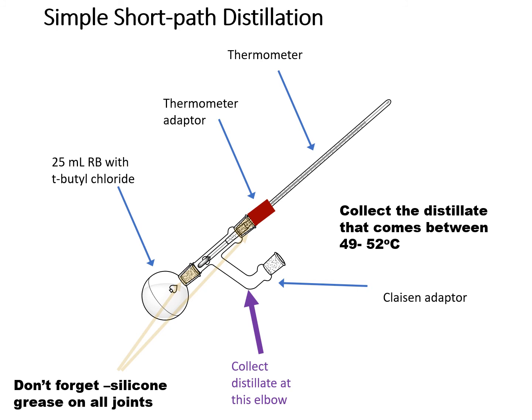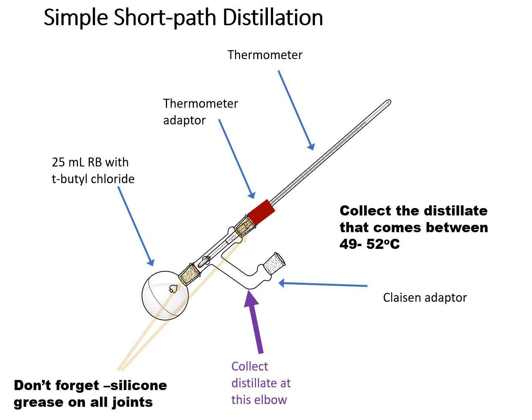So this is simply the representation of the simple distillation, but of course below the round bottom flask you have to assume we have a heat source, and then we have the sample there in our round bottom flask.